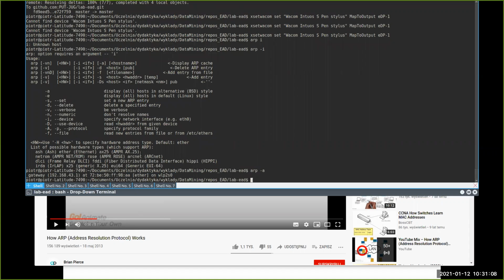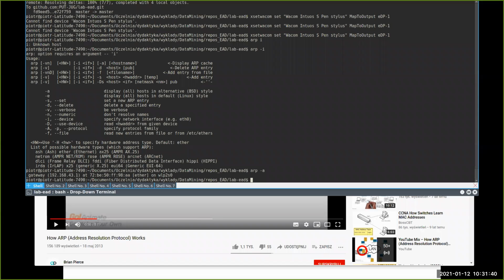So when our computer connects to a network and sends data to a particular node, and it has the IP address of this node, it has to discover the MAC address of this node. To discover it, it uses the ARP protocol.